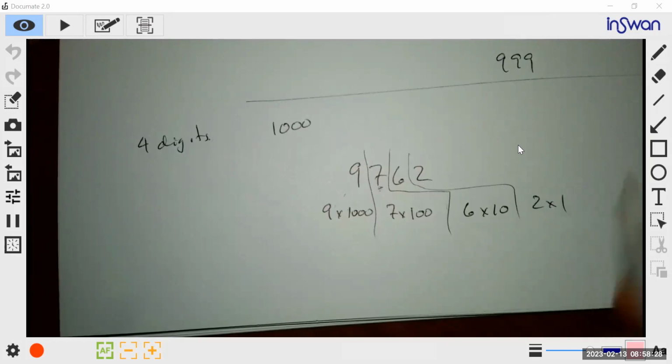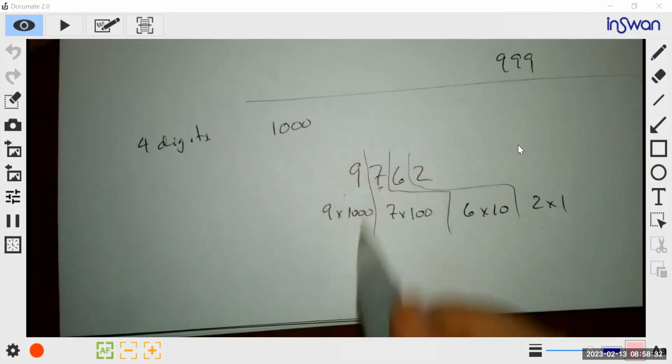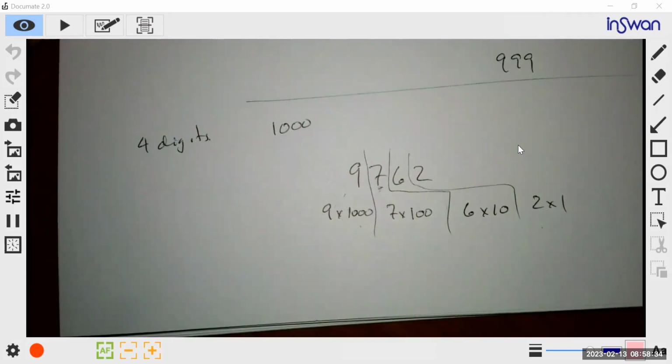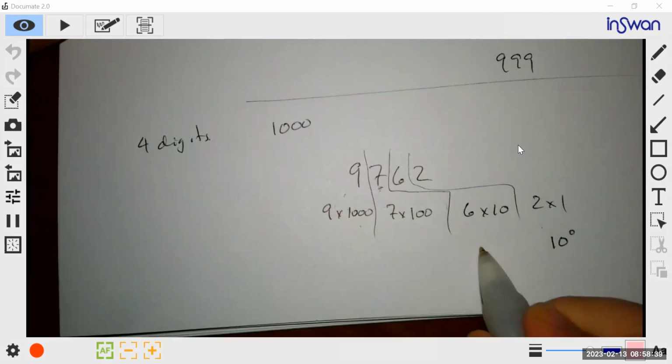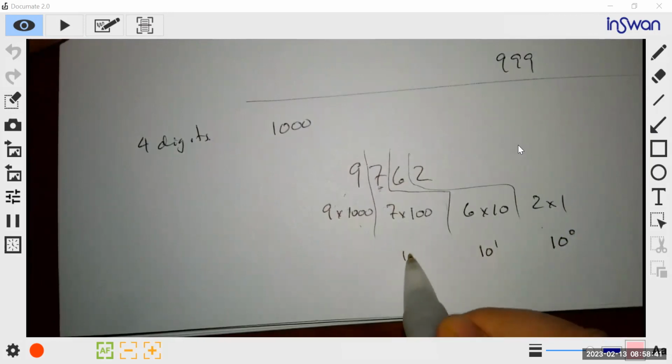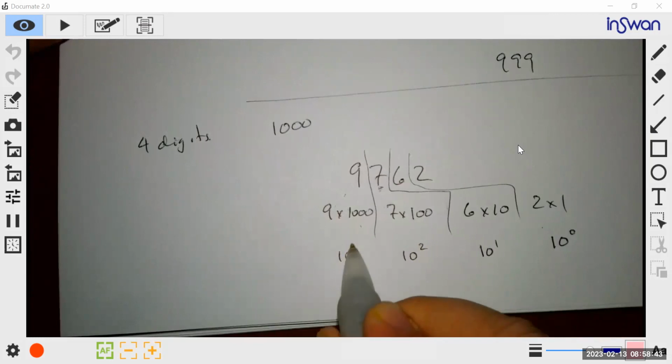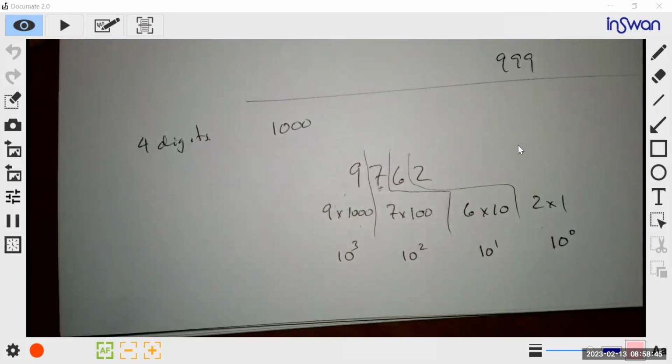So you see what's happening. It's a base 10. So each one of these numbers or these columns are base 10. This is 10 to the 0, 10 to the first, 10 to the second, 10 to the third.